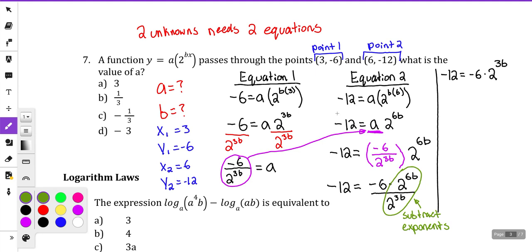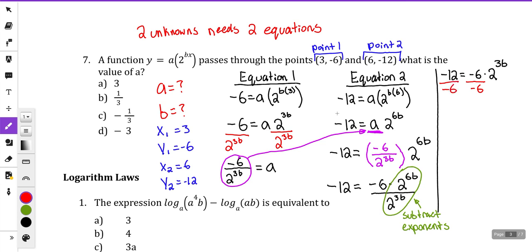The reason you can't turn this into a log right now is because of that negative 6. You have to have the power by itself to turn it into a log. This is not by itself. This is times negative 6. So I need to divide my negative 6 to the other side. Then you can change it into a log.